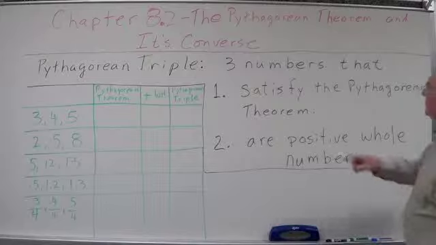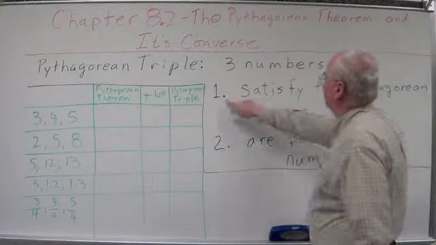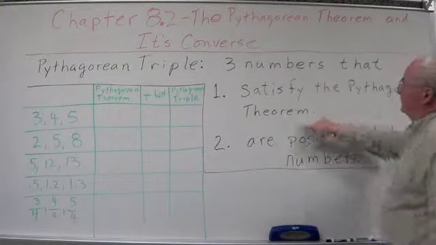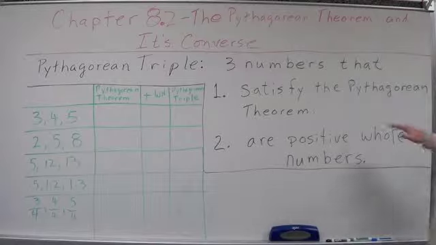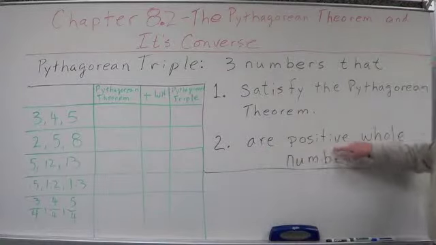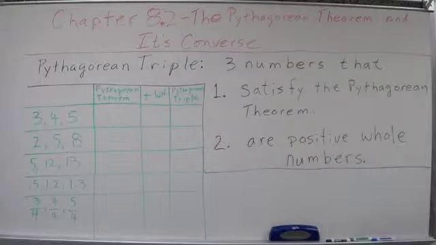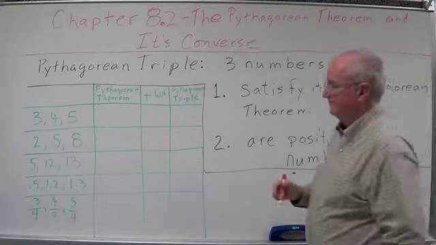A Pythagorean triple is three numbers that first of all satisfy the Pythagorean theorem. In other words, c squared equals a squared plus b squared. Okay, that has to happen. And they are positive whole numbers. Okay, so let's try some.